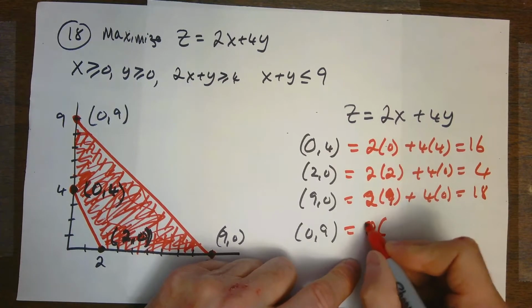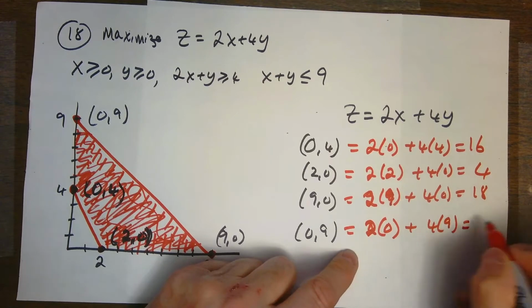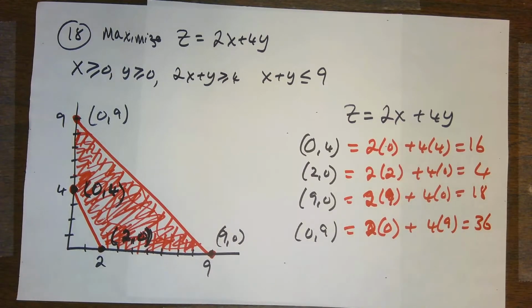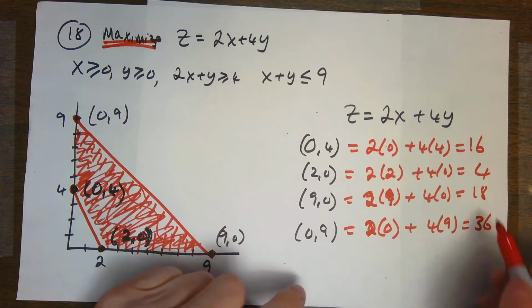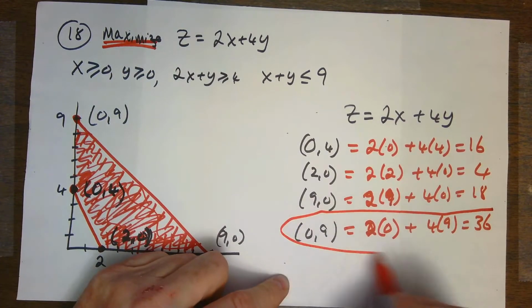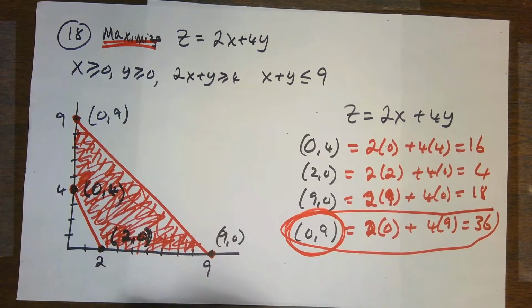This is 2 times 0 plus 4 times 9 is 36. So I want to maximize. So my optimal solution is going to be this one right here, the point 0, 9. It gives me the optimal solution, the maximum value in the feasible region.